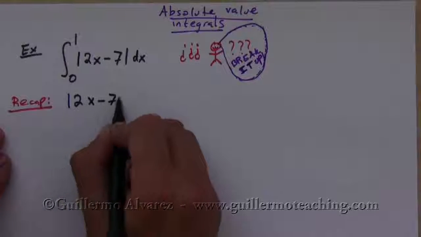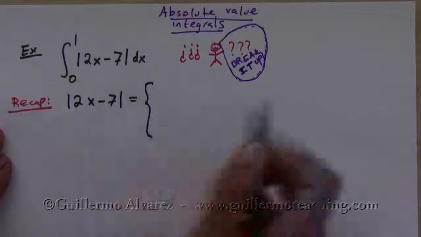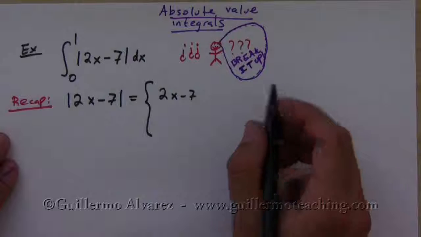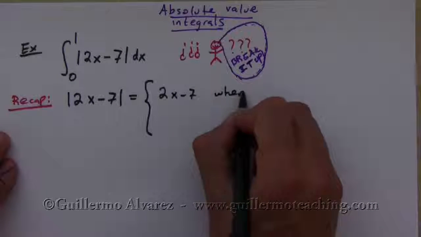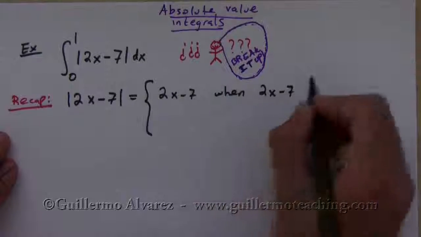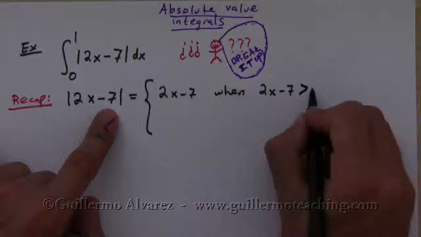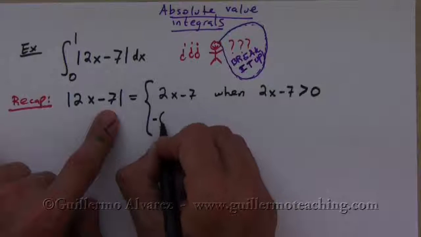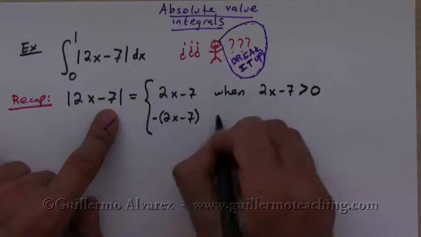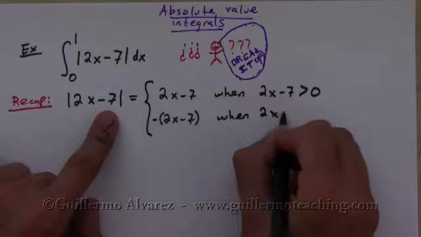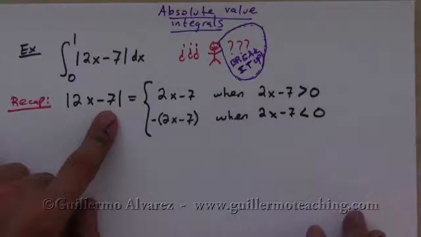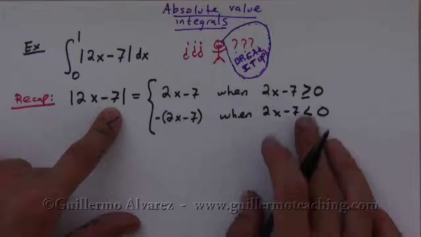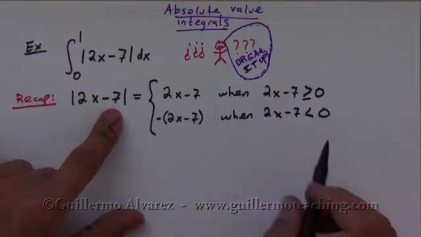The absolute value of 2x minus 7 is equal to positive 2x minus 7 when the inside is greater than 0, and it's equal to negative (2x minus 7) when 2x minus 7 is less than 0. And then remember that you can put the equals on whichever one of the two because it's going to be exactly the same. So we don't worry about that part.